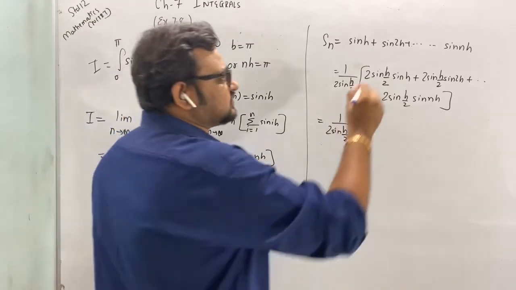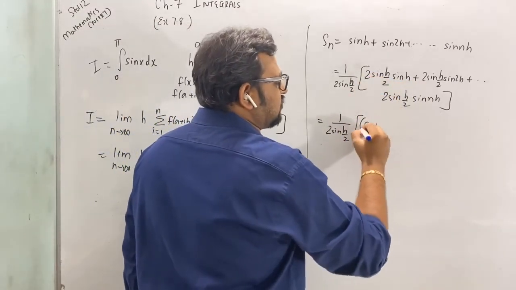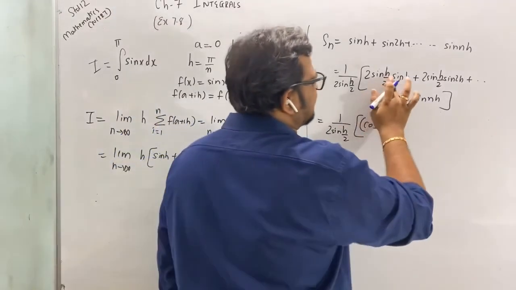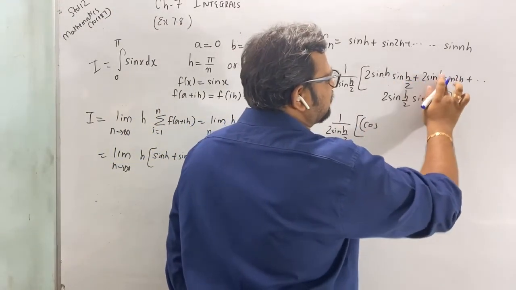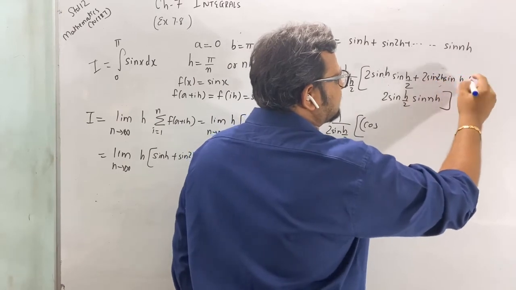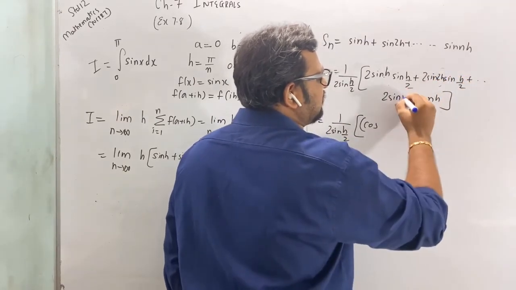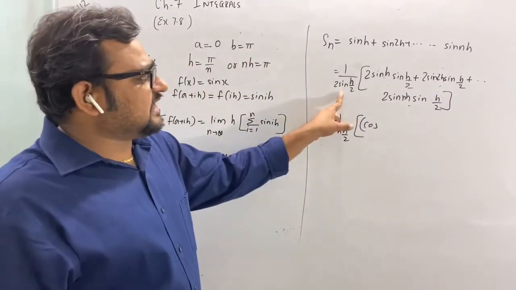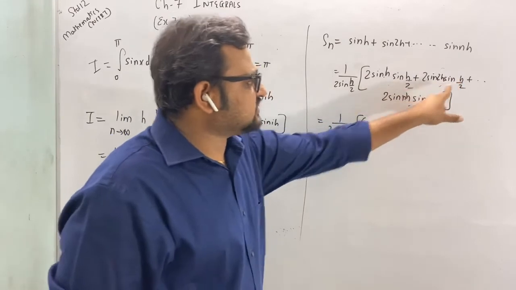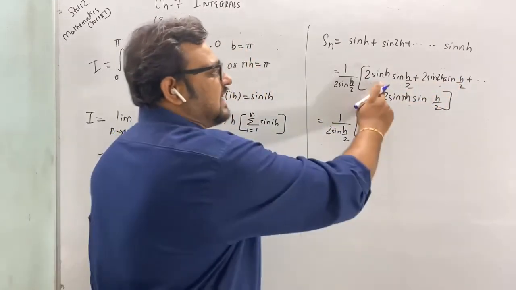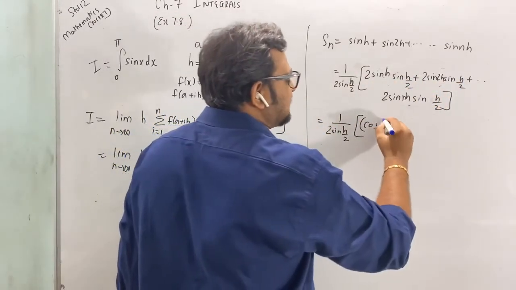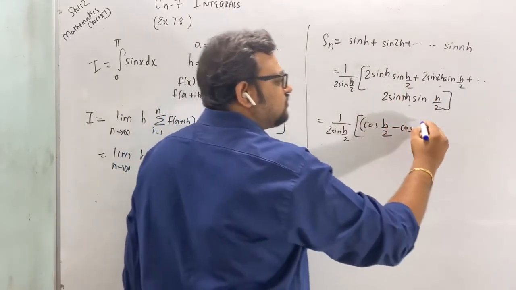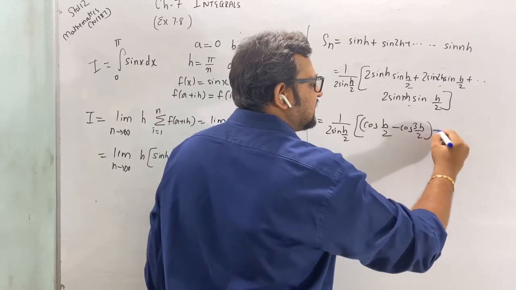Clear? This will be cos of h by 2 minus h, or else I just rearrange it: h by 2, 2h, h by 2, nh, h by 2. So it's easy to subtract it. See, divide by sine h by 2. So h minus h by 2 will be h by 2, minus cos of h plus h by 2, which is 3h by 2.